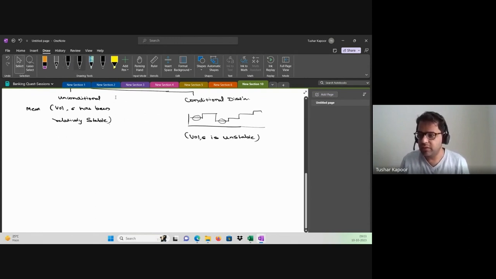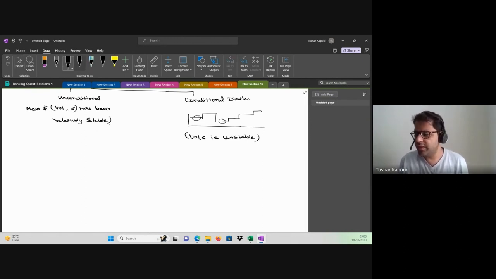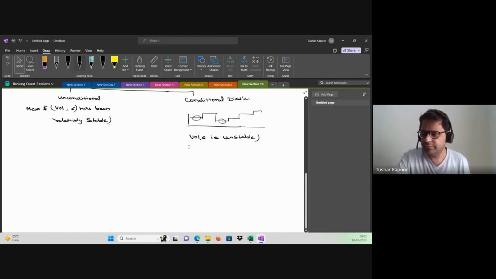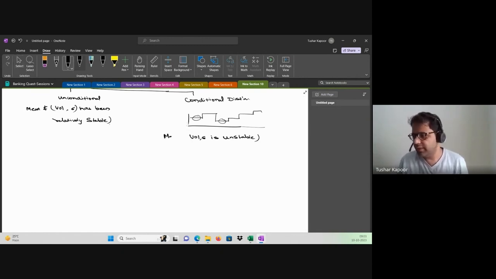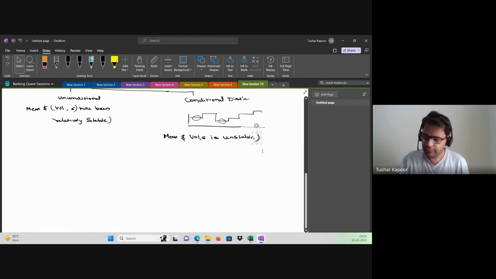Mean and volatility or standard deviation are pretty much stable. Because in real life, these things aren't that stable, at least. So that is where it's important for economists to account for them.